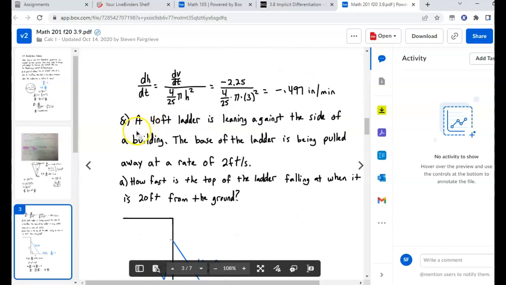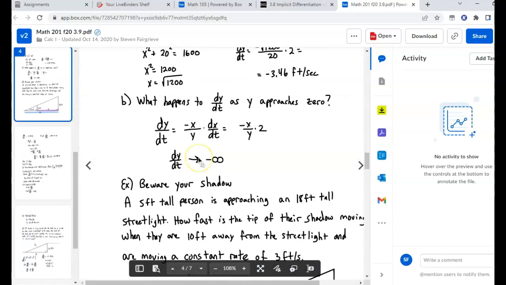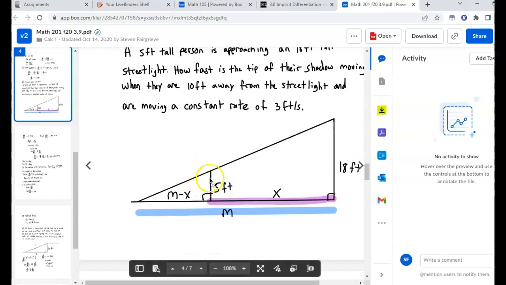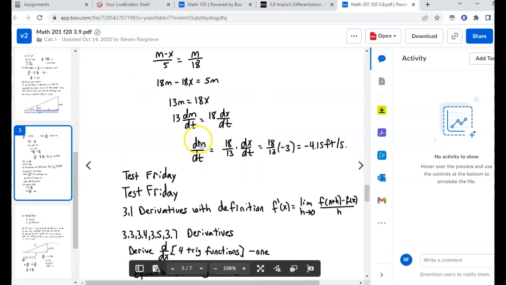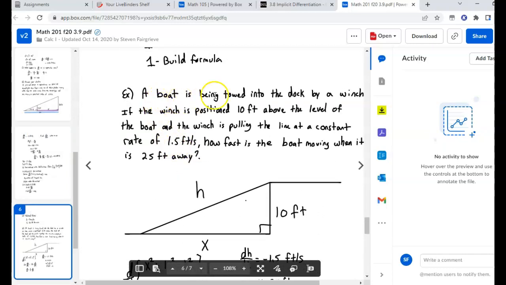And then we did a couple of examples where we had to actually build the relationship. So here we saw this example with a ladder against the side of a building. The ladder was being pulled away. Here we did an example with a shadow where we had to use similar triangles. And here's another example with a boat that's being dragged in.